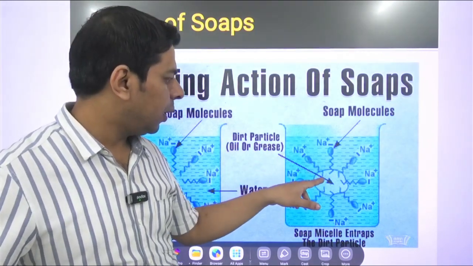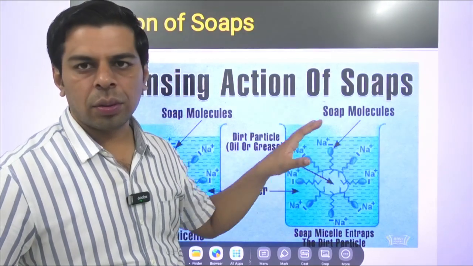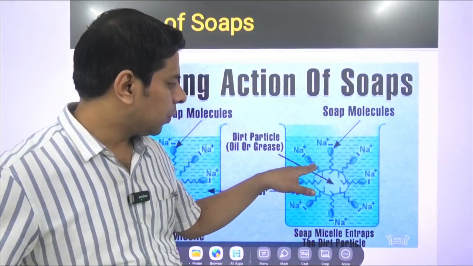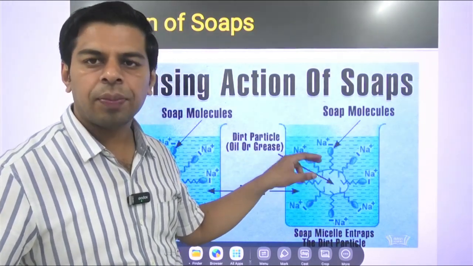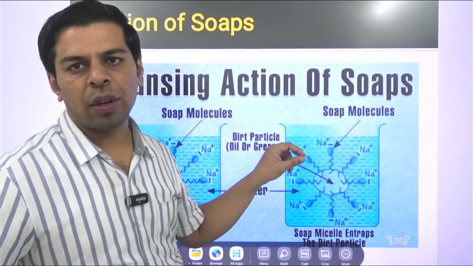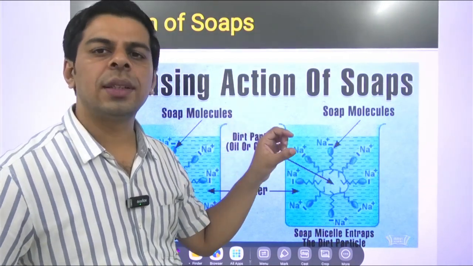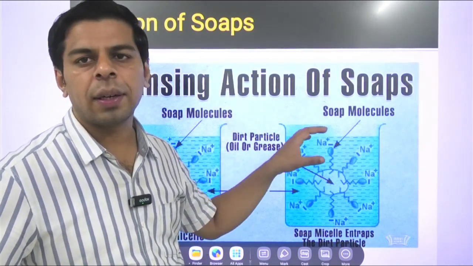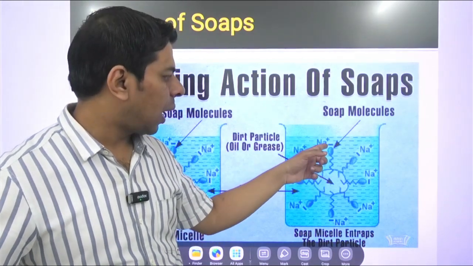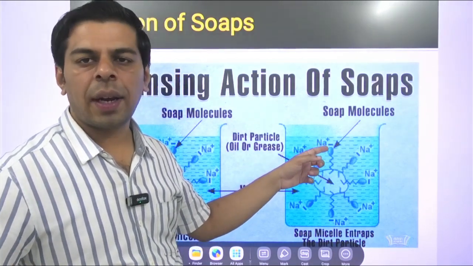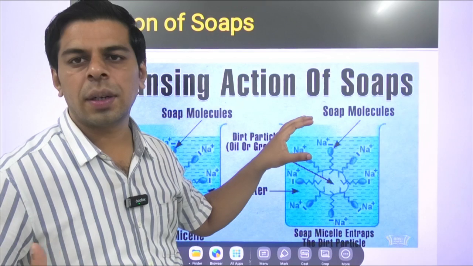When we are washing with soap, the fatty acid part is hydrophobic in nature. Hydrophobic in simple terms means water repelling. The opposite term, the ionic part, sodium ion or potassium ion, would be hydrophilic or water attracting.